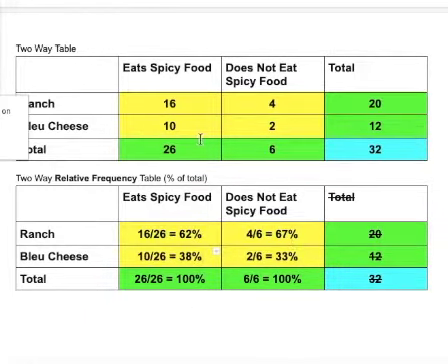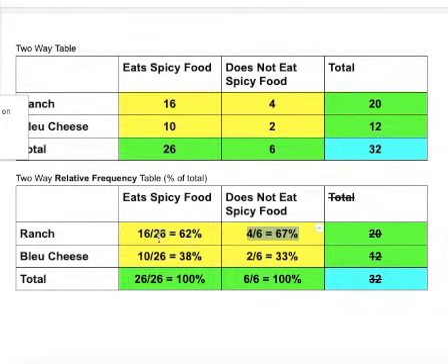So again, in this case, is there a relationship between who prefers ranch or blue cheese? People who eat spicy food, typically 62% of them prefer to eat ranch versus blue cheese. And people who don't eat spicy food, 67% of them prefer ranch over blue cheese. So again, there's not a huge difference in our percentages.